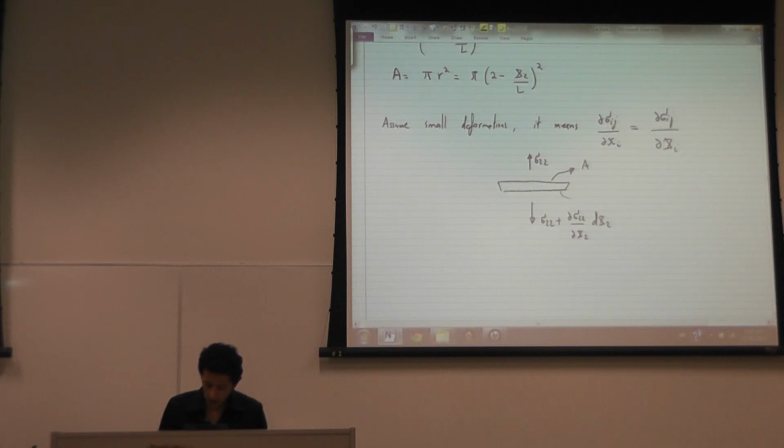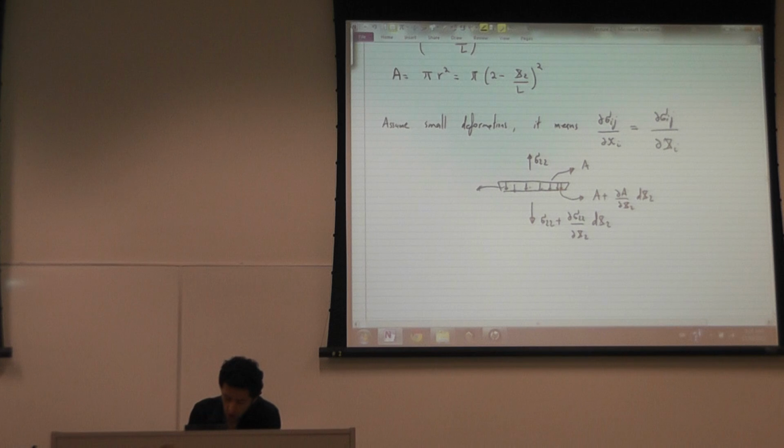This is the area plus a little bit more. And there is a force acting here. This force is equal to mass multiplied by the acceleration g, and the mass is equal to rho multiplied by A multiplied by dx2.